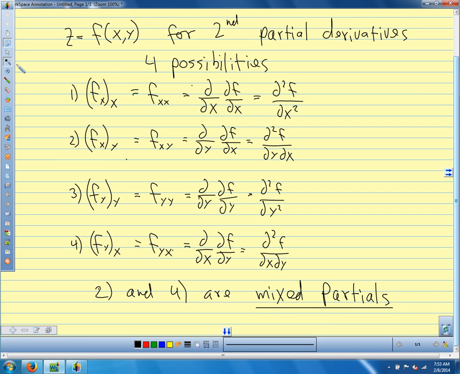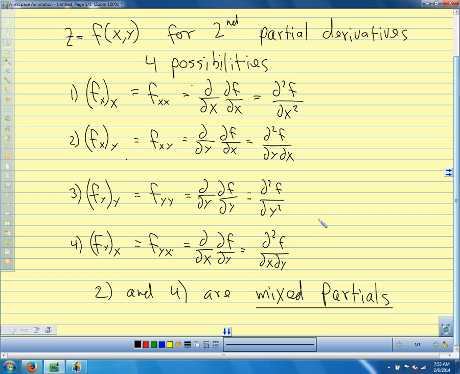There are some interesting things that happen with the mixed partials. So this is how we define our higher order partial derivatives. Nothing different, nothing unusual really. Just because we have more than one variable, we have these various possibilities.